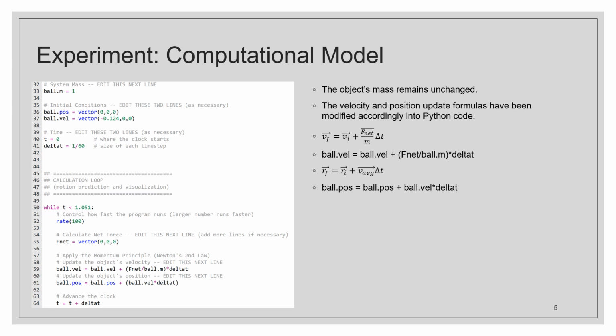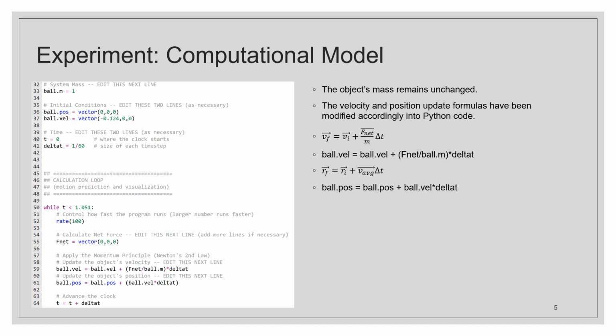The computational model was built in Python code in Glowscript to predict the motion of the object based on the initial conditions from the tracker analysis of the physical medicine bottle. The mass has been left as the default value of 1 as it does not affect the calculations. The initial ball position has been set as the vector 0, 0, 0, and the initial velocity as the vector negative 0.12400.